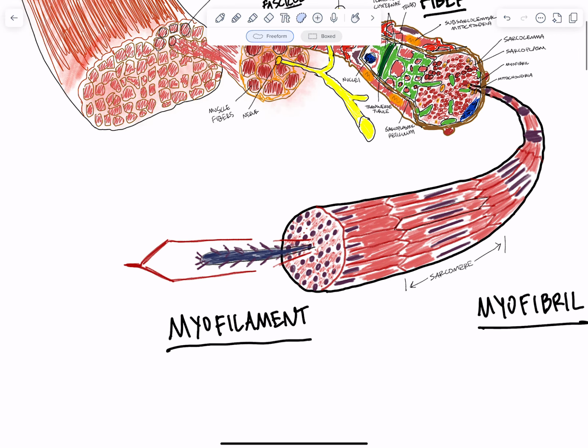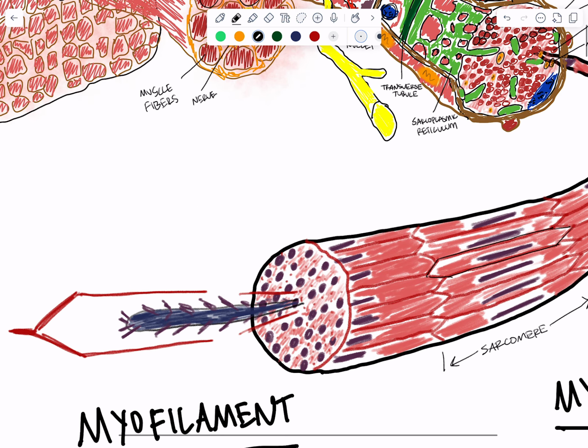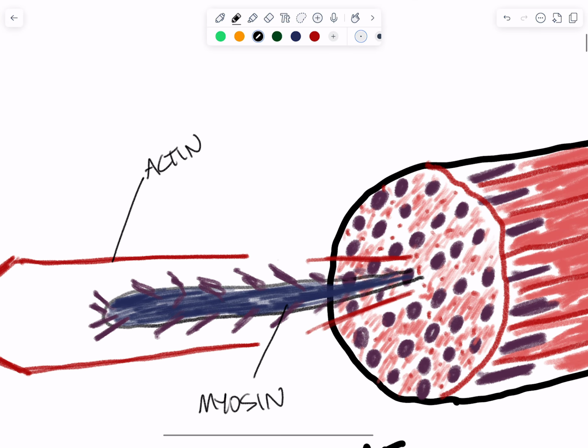And that is a myofilament. And myofilaments are made up of your thin filaments, which is your actin, and your thick filaments, which is your myosin. And if you can see very closely right here, these are going to be your myosin heads.